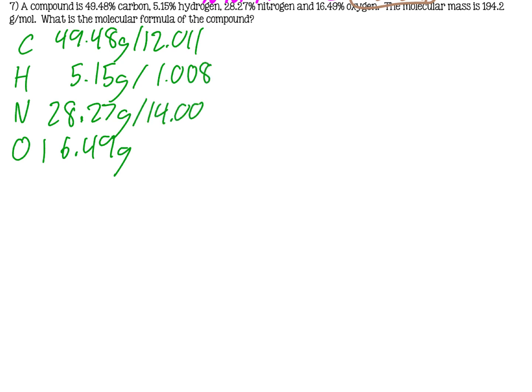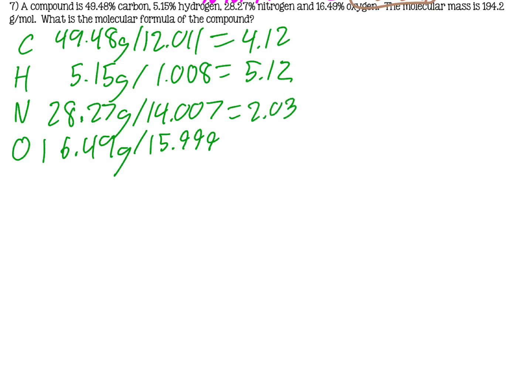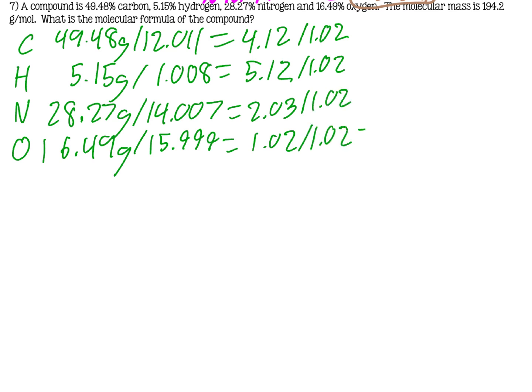So 49.48 divided by 12.01, 5.15 divided by 1.01, 28.27 divided by 14.01, and 16.49 divided by 15.99. When we divide, we get 4.12, 5.12, 2.03, and 1.02. These are the number of moles of each atom. Now, let's divide by the smallest number of moles, in this case 1.02, to get the ratio, or the subscripts.